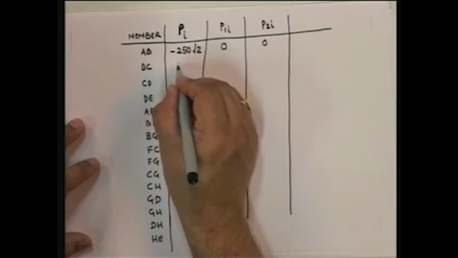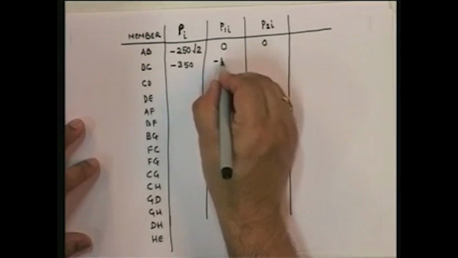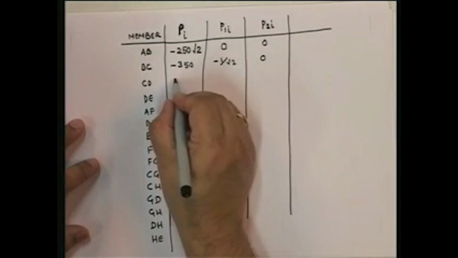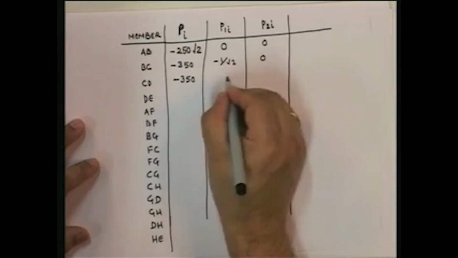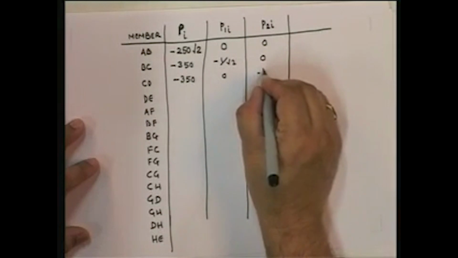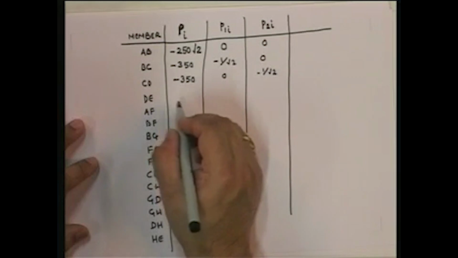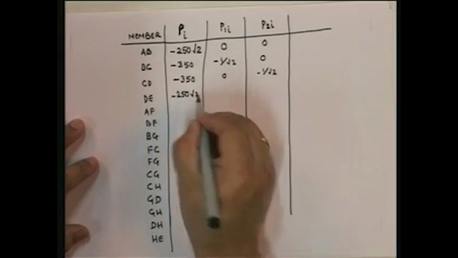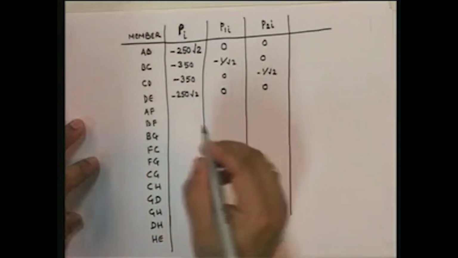So this is going to be compressive minus 350, here this is going to be minus 1 over root 2, and in this case 0. This is CD, minus 350, then 0, minus 1 over root 2. Then DE is minus 250 for the loading, for this it is 0, and for this it is 0.